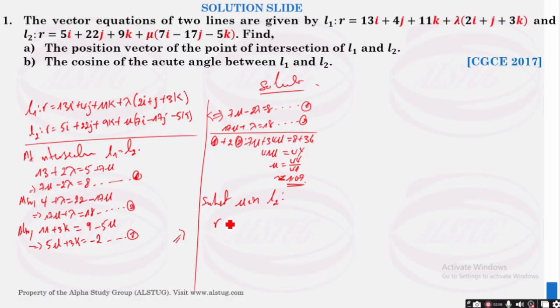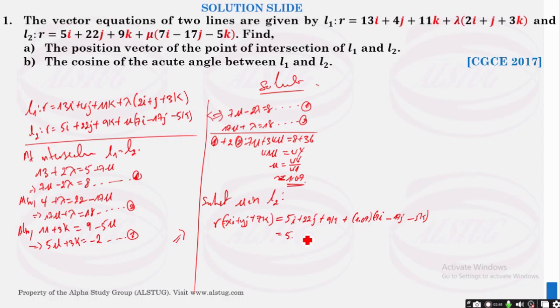So R, of course, which is in the form xi plus yj plus zk, as we well know, will become 5i plus 22j plus 9k plus 1.07 into 7i minus 17j minus 5k.